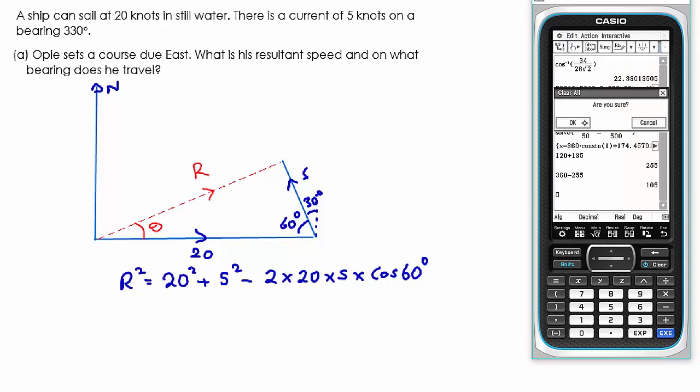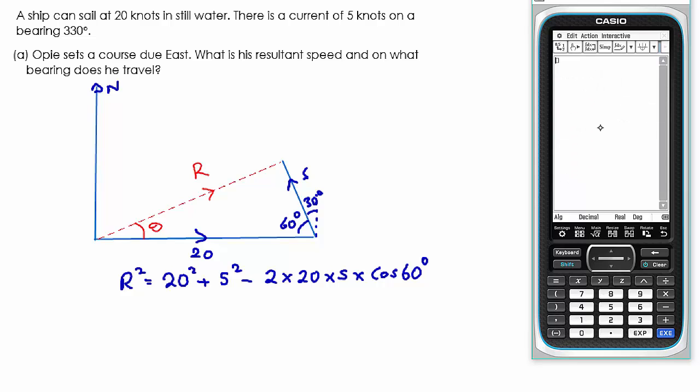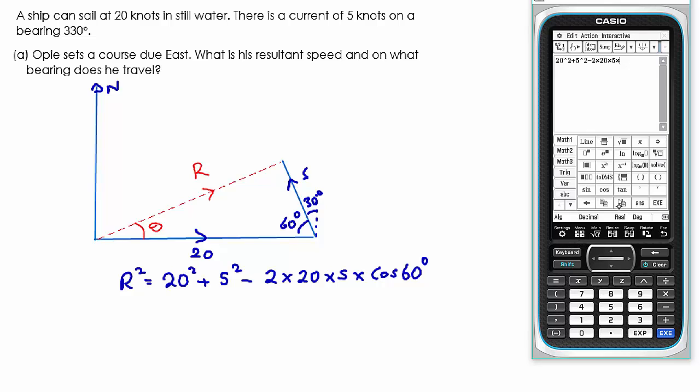So we'll just clear everything. And what do we have? We've got 20 squared plus 5 squared, take away 2 multiplied by 20 multiplied by 5 multiplied by the cosine of 60, and that gives me 325, and of course we want the square root of that.